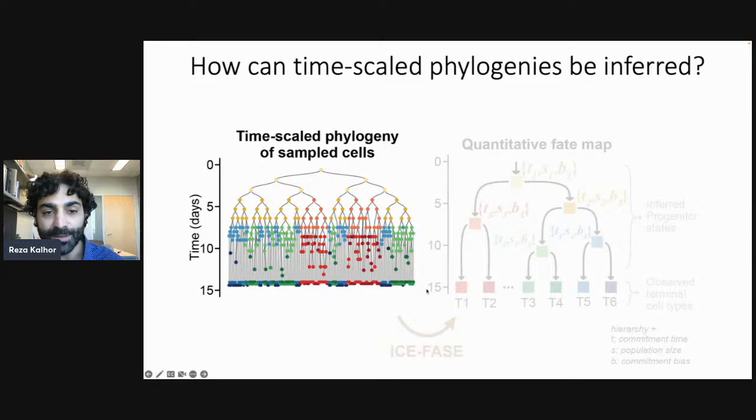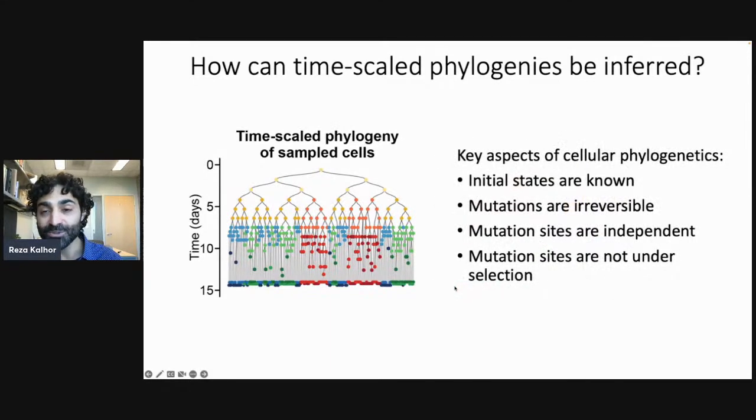But for reconstructing topologies based on barcodes, it's important to keep in mind a few important principles. And those of you with an evolutionary phylogenetics background may find this very interesting. There are some key differences between cellular phylogenetic mutations and evolutionary mutations that, in our view, warrant having a system for phylogenetic inference that best suits the system.